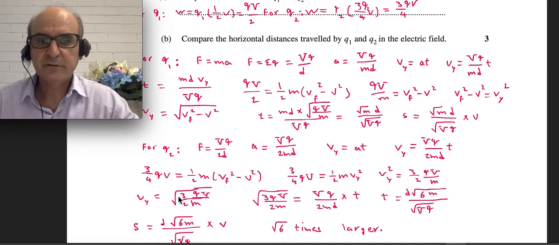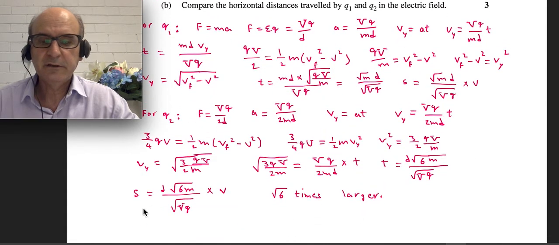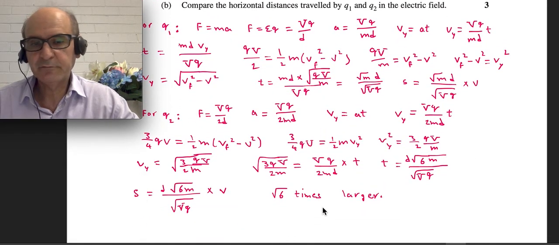And then square rooting gives us that. Then that is Vy, and we know Vy is equal to AT, and A is that much. So VQ over 2m times T. And from here you find the value for T, and now the horizontal displacement for that is T, which is that much, times V.